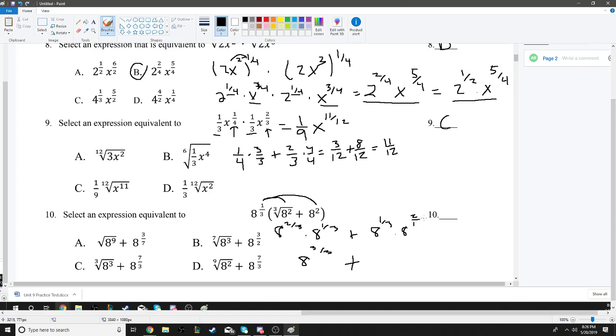And then we're going to multiply this guy top and bottom by 3 because we need common denominators. So that's 1/3 plus 6/3, which means this is 8 to the 3/3 plus 8 to the 7/3. And we can turn this back into a root. This one over here would give us an answer of C.